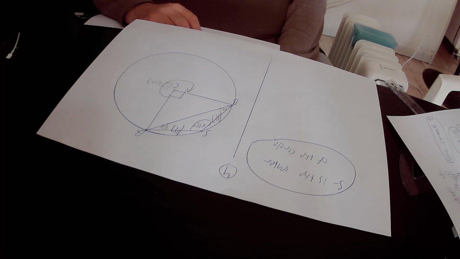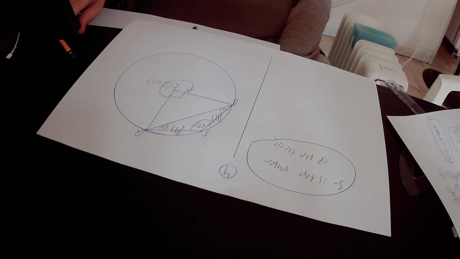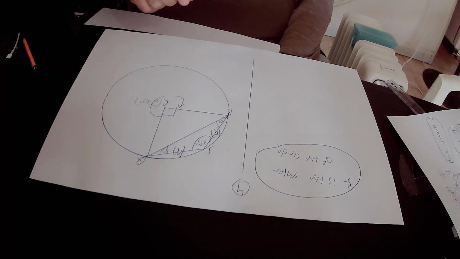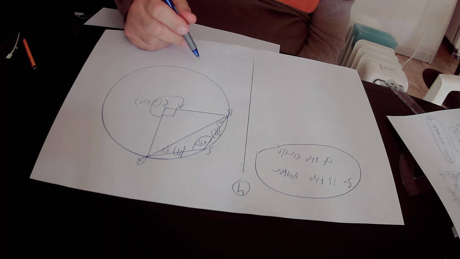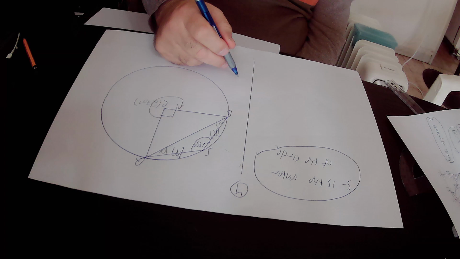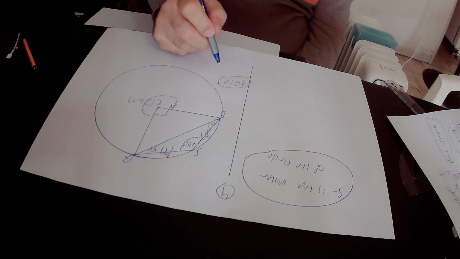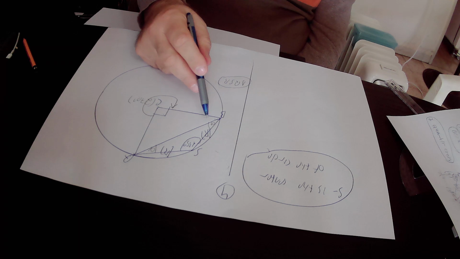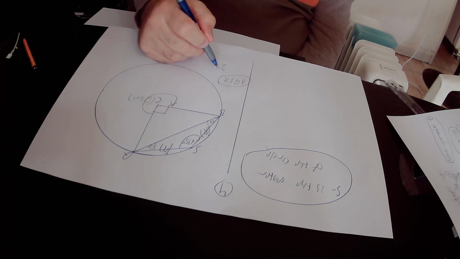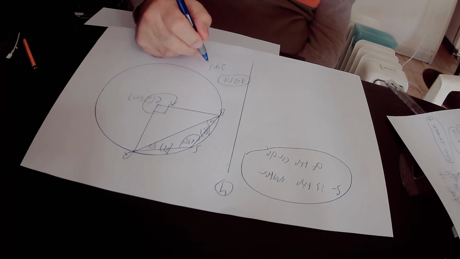And we also know that the sum of the angles in any triangle is equal to 180 degrees. So which angles do we have in the isosceles triangle QSB? We have alpha plus alpha, that is 2 alpha, plus this angle that is 135 degrees.